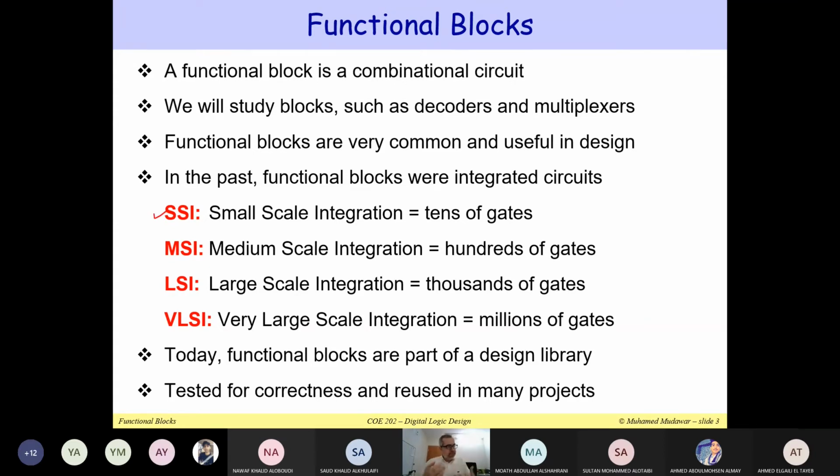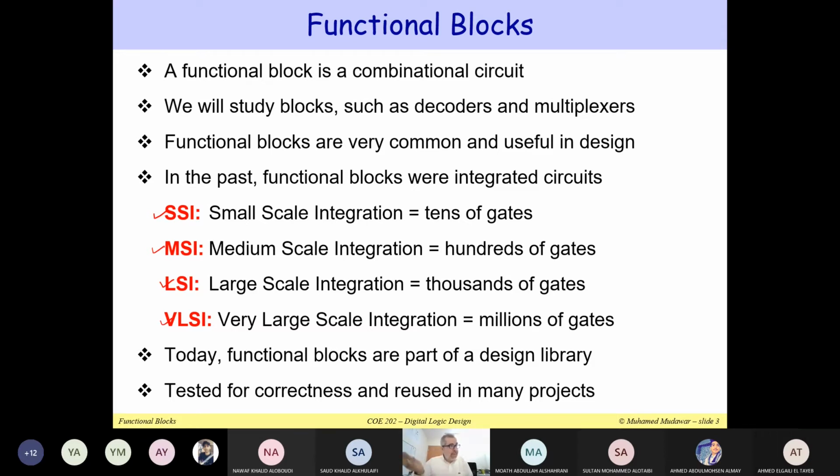Of course, as technology improved, people went into medium scale integration. It means that you can have hundreds of gates on a single chip. Then large scale integration, which means thousands of gates. And then very large scale integration, which means that we can have hundreds of thousands, even millions of gates on a single chip.